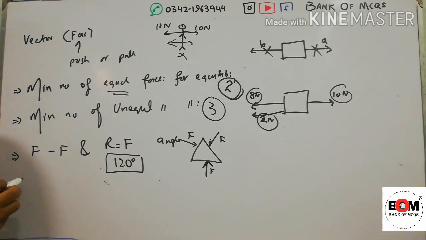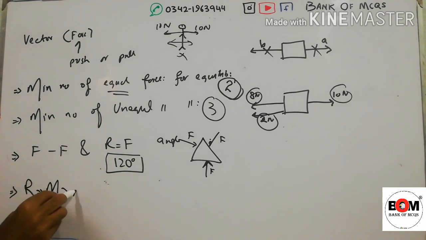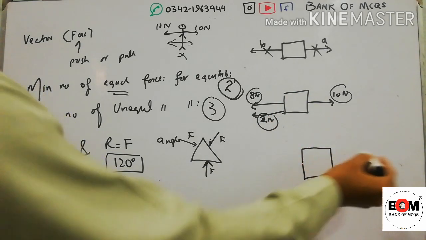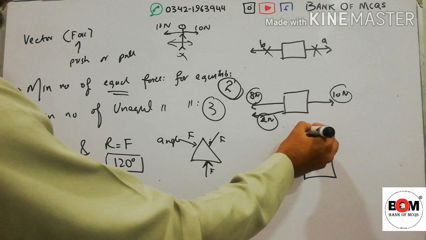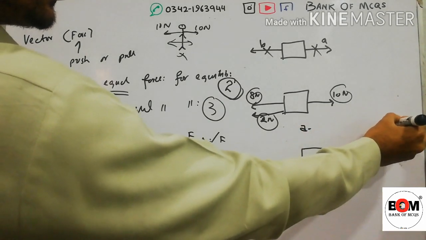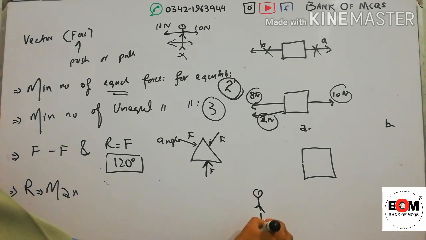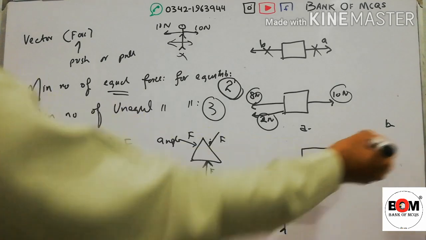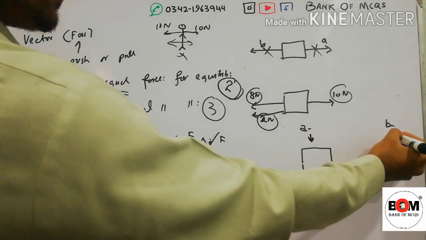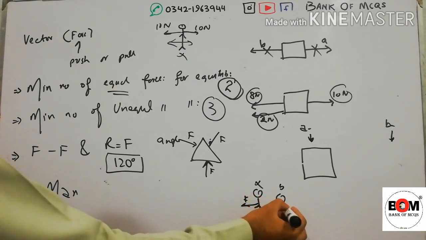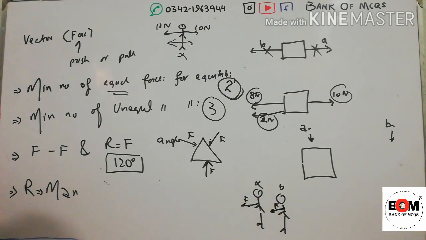Next is: when will the resultant of two forces be maximum? If this is an object, and two boys, boy A and boy B, want to carry the object from position A to position B, they both will apply forces or vectors.